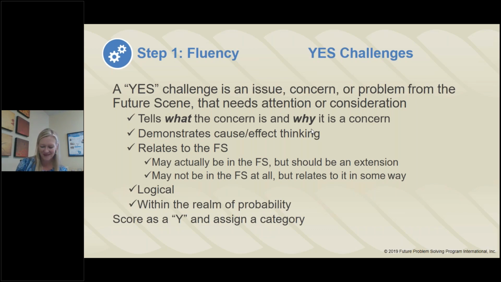Okay. Yep. That's exactly what we're about to go into. So challenges can be scored a yes challenge. They can be assigned a category. And we're now going to talk about how you provide feedback to students on those challenges that aren't quite a yes challenge. Okay.